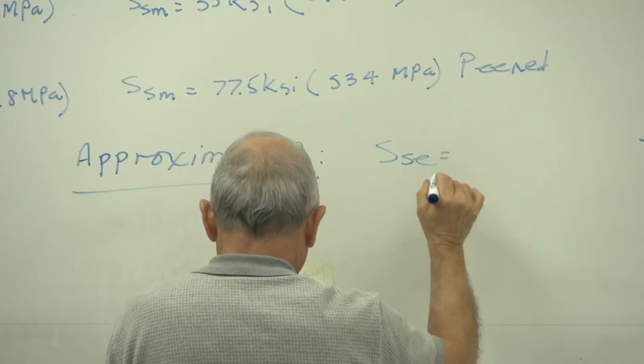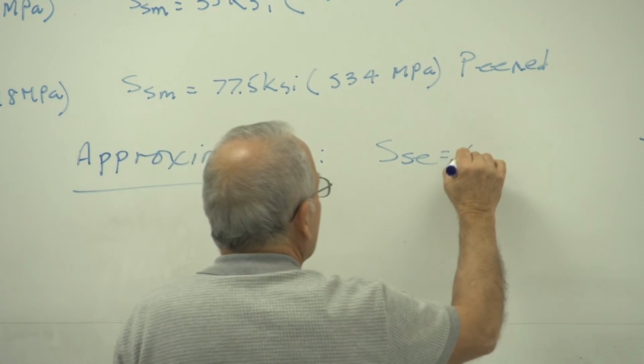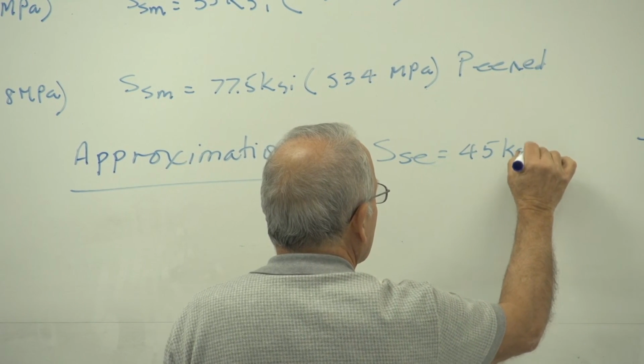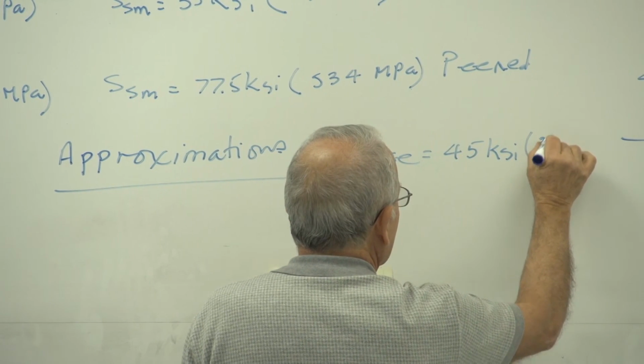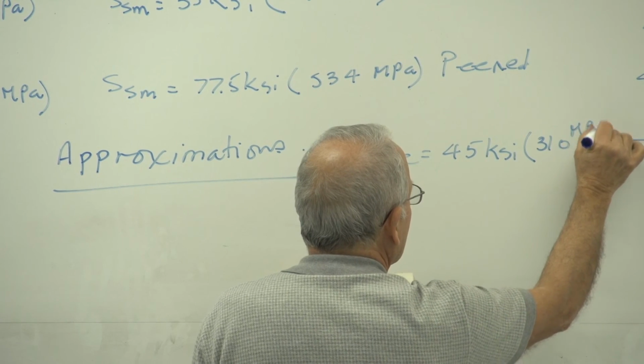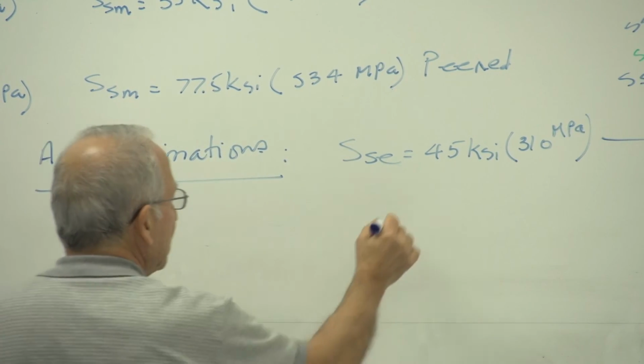SSE equals 45 KSI or 310 MPa. This is for unpeened.